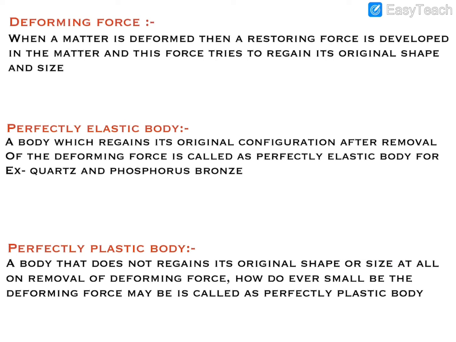A perfectly plastic body does the opposite: when we deform that body and the deforming force is removed, it does not regain its original shape or size at all, howsoever small the force applied on it.